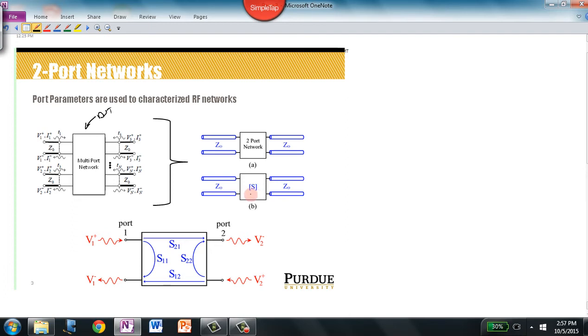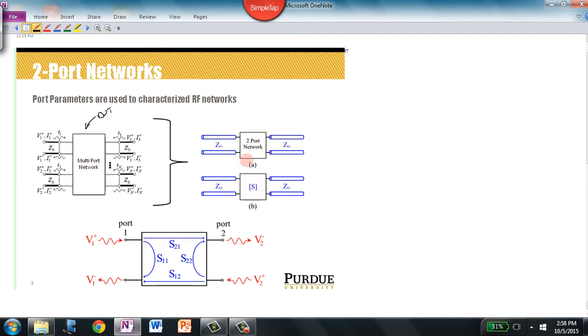What we do in terms of the scattering parameters is replace the network with this scattering parameter matrix. For a two-port network, the scattering parameter matrix consists of four numbers, and these four numbers are used to characterize the two-port network. Multi-port networks have more numbers.